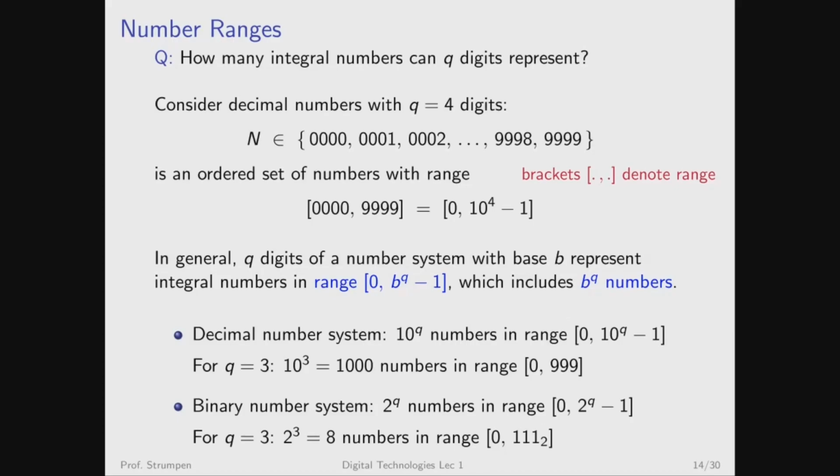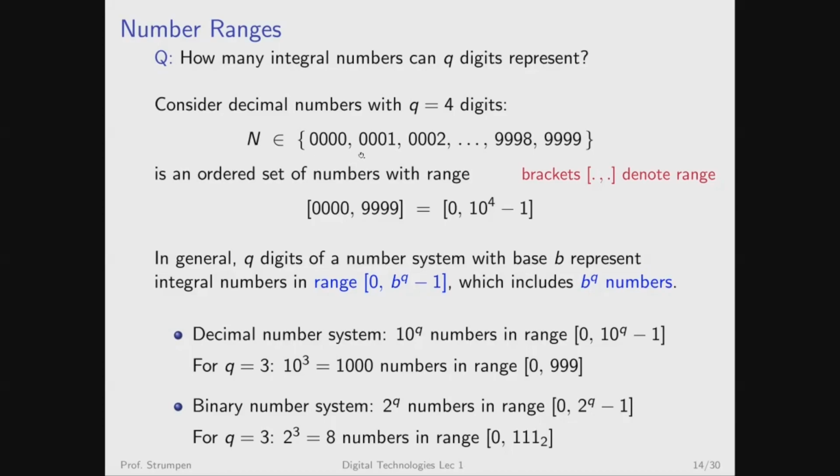Right? Let's look at decimal numbers at first. How many decimal numbers can you represent with 4 decimal digits? Well, one way to go about it is to enumerate them all, right? To form the set of all 4-digit numbers. The smallest one is 0, which when written as a 4-digit number is 0000.